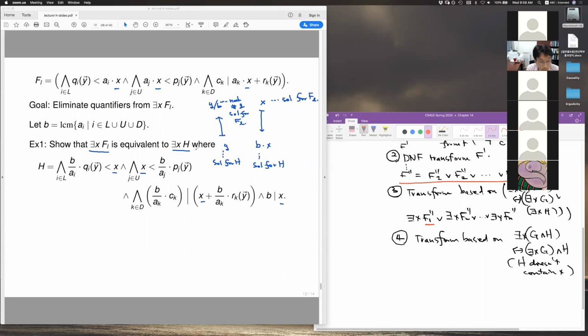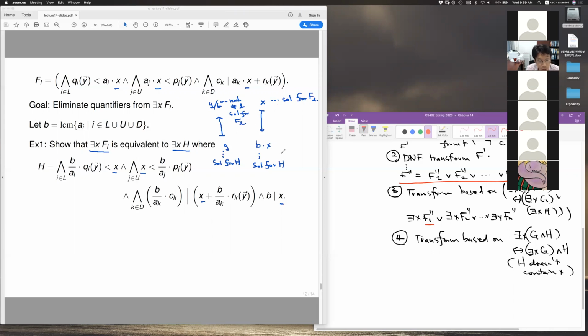On the other side, if exists x H is true, then we have a solution Y, and this transformation says Y is actually divisible by B. If we divide it, that's going to be a solution for FL. So in that case, FL will also have a solution. So this shows that these two things are equivalent.